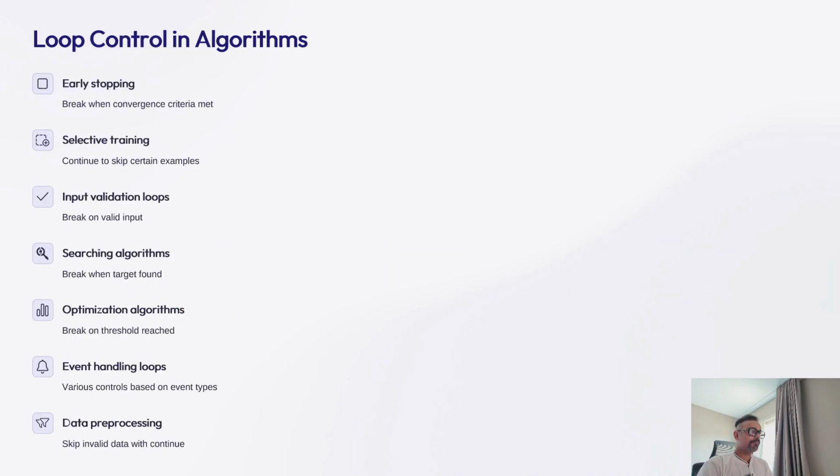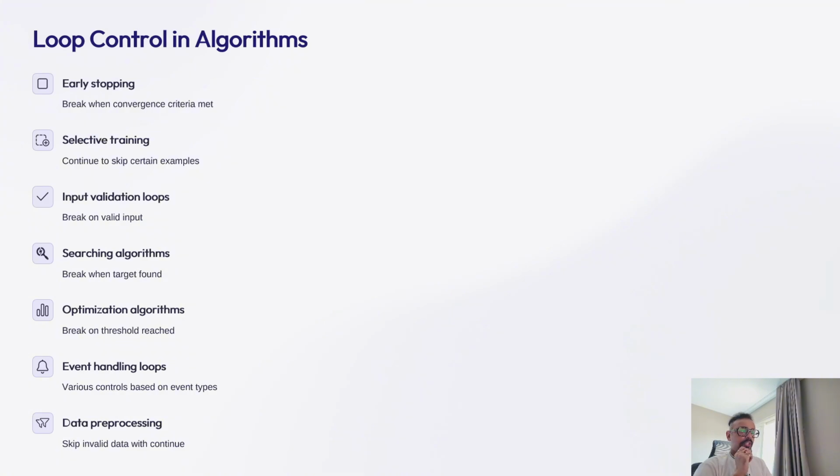Now, last but not the least, how loop control works in algorithms. These are fundamental components in many algorithms, especially in artificial intelligence and machine learning. As I have given one example again and again, I would talk about it again. Early stopping is a common technique where you break out of a training loop when certain convergence criteria are met, helping prevent overfitting.